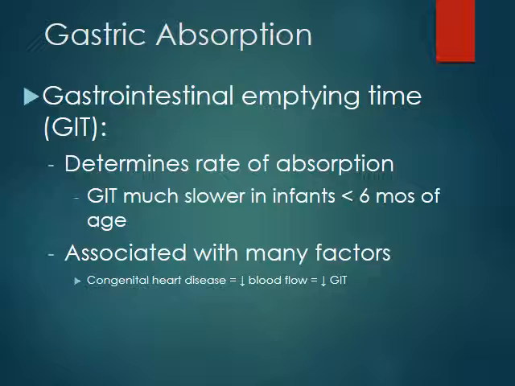So for instance, congenital heart disease: if the patient has impaired perfusion, obviously the body's going to be trying to maintain blood flow to the heart and the brain and all those important organs. The GI tract kind of takes a back seat to that. So those kids who have congenital heart disease may have decreased blood flow to the GI tract, which will, again, slow down gastric emptying time even further.